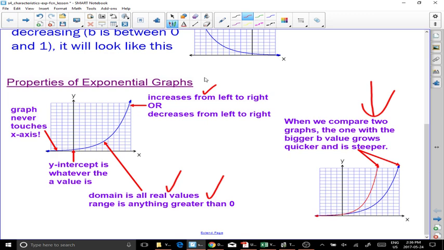B represents how quickly the graph is growing. The larger the b value, the quicker it grows.